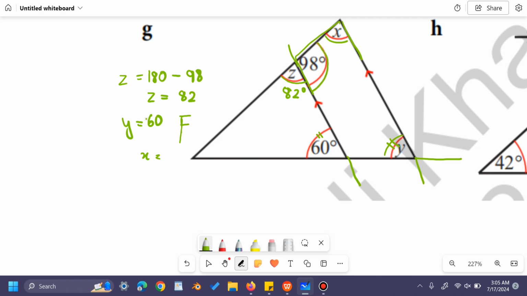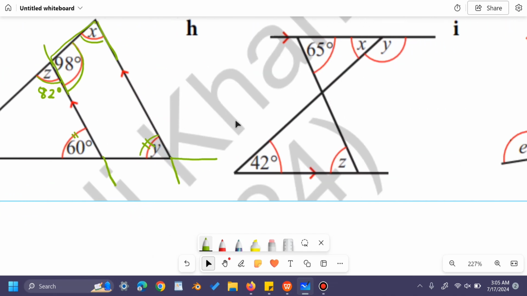When two angles are within the parallel lines, facing each other, their sum is 180. So X plus 98 is equal to 180 degrees. So X is going to be 82 degrees due to C, or due to co-interior angles.